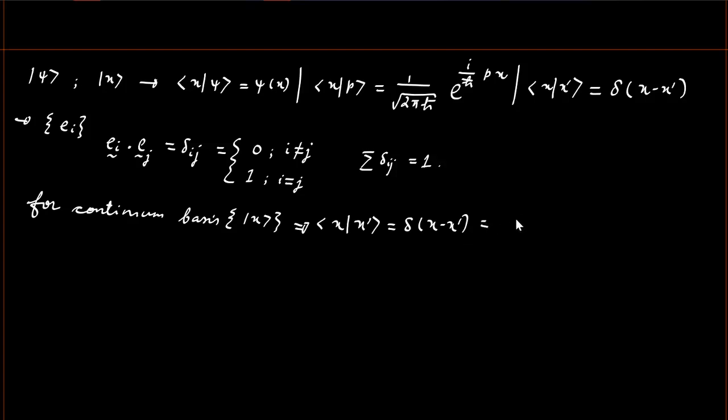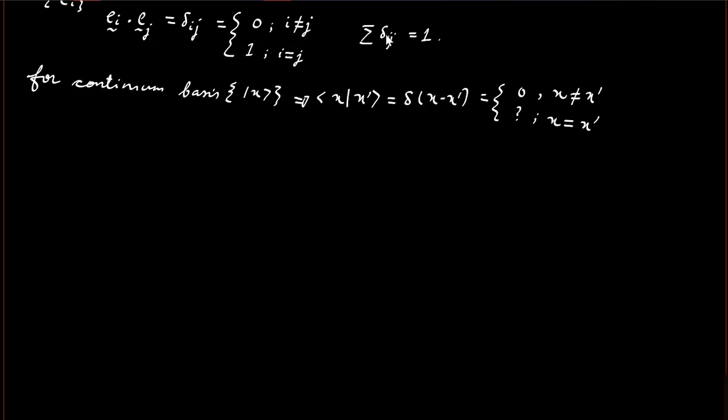It is equal to 0 if x is not equal to x prime, and then it is what, if x equals x prime. Okay, let's try to figure out actually what. Also this normalization term, I can write as the integration of dx delta of x minus x prime equal to 1. Okay, so what it actually means is this.